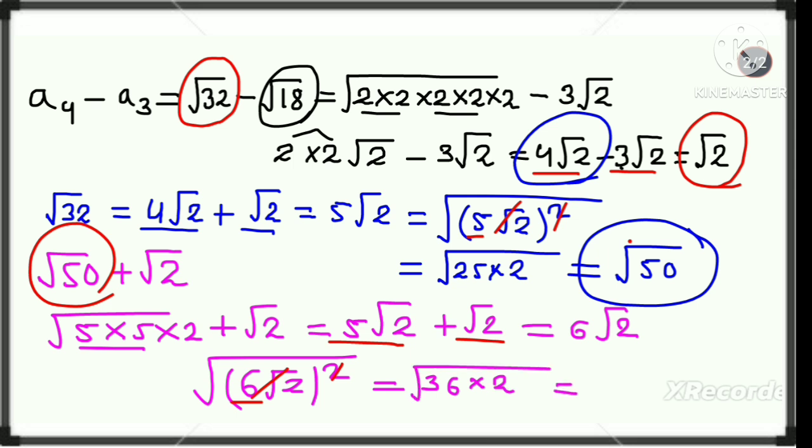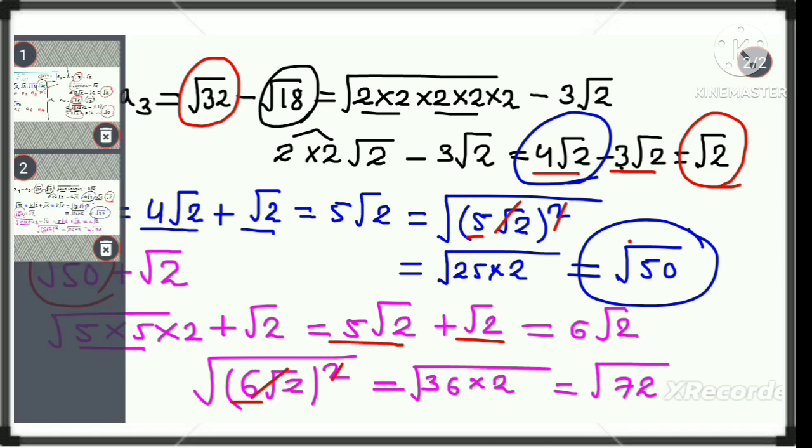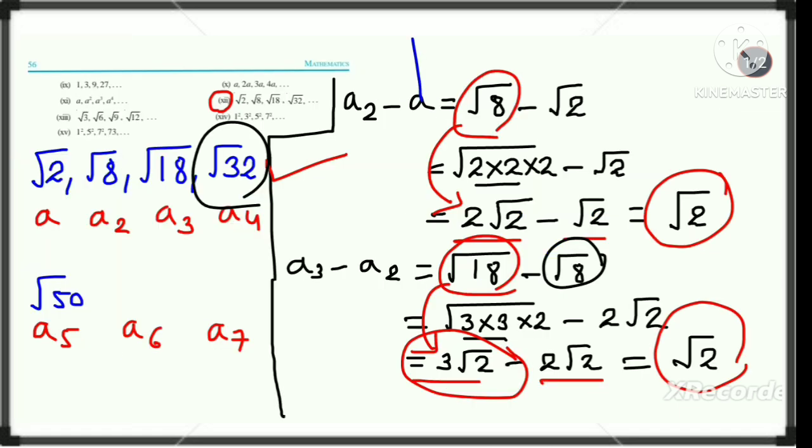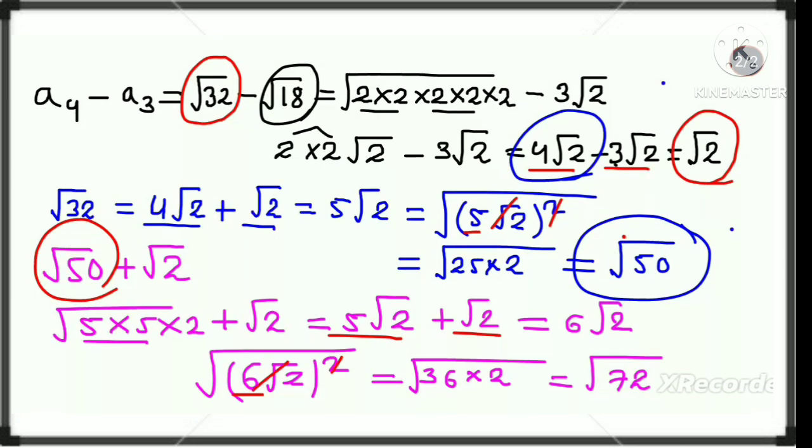Then finally we obtain root over 36 into 2, 72. In this way we have obtained its sixth term. Okay, let's write over here. Our sixth term is root over 72. Now we need to find its seventh term, right?